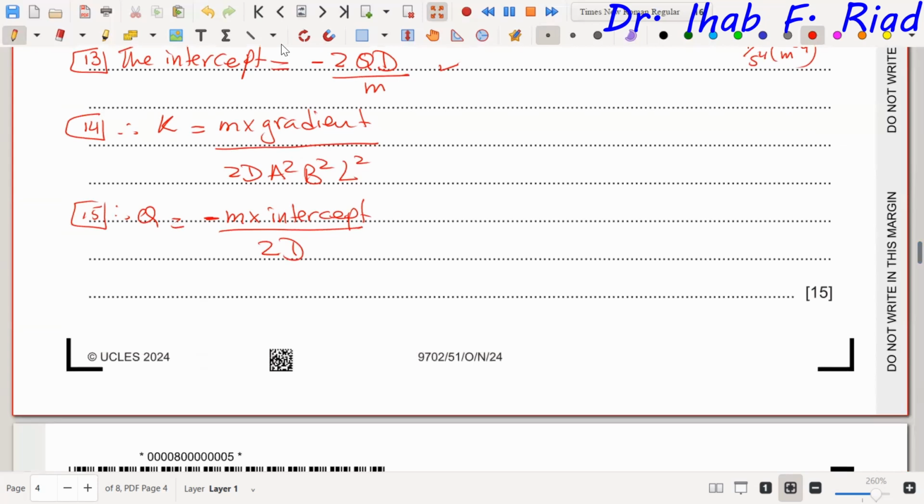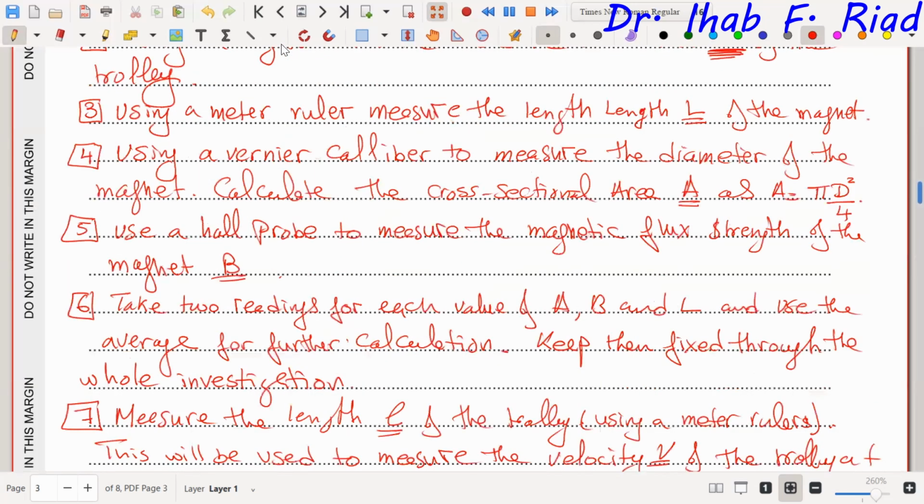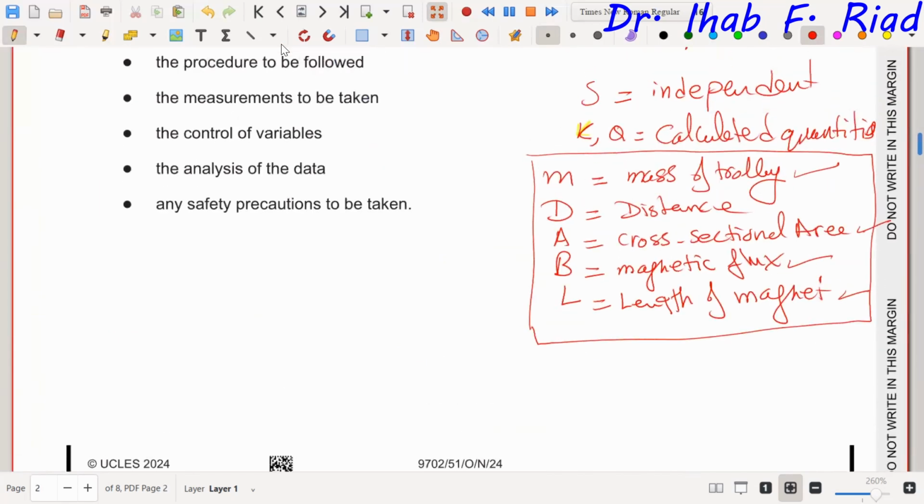Now we tell him the last thing we do, safety precaution. Any safety precaution to be taken or whatsoever.